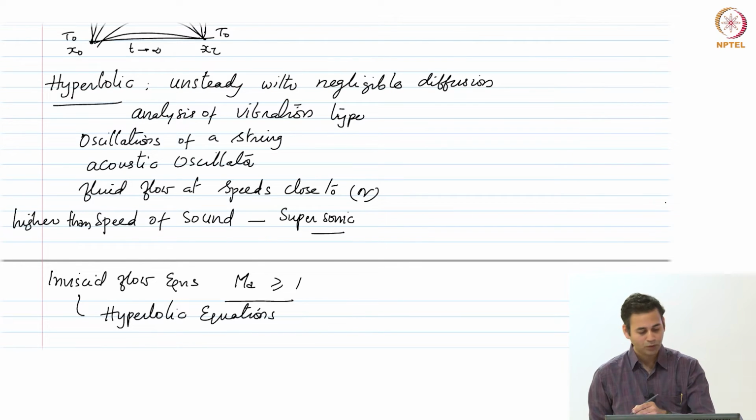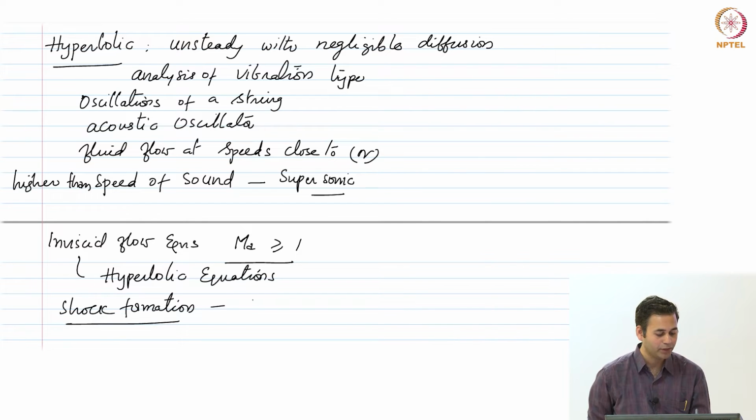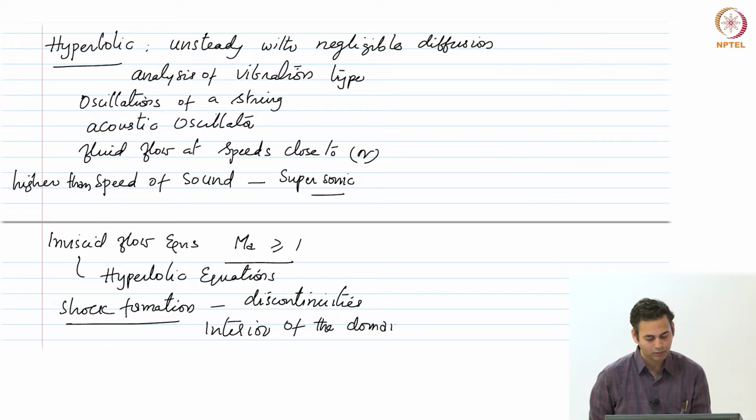And what we also note is that because of the speeds being very close to the sonic speed or higher, there is a possibility of shock formation, okay, which is a manifestation of the hyperbolic nature of the problems. Essentially, because of the shock, there could be some discontinuities that get formed in the interior of the domain, okay.